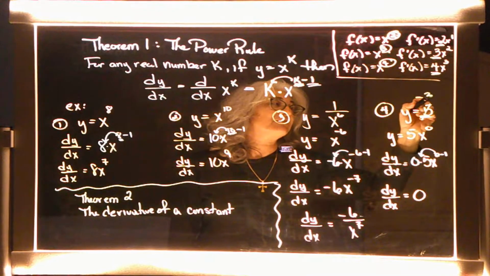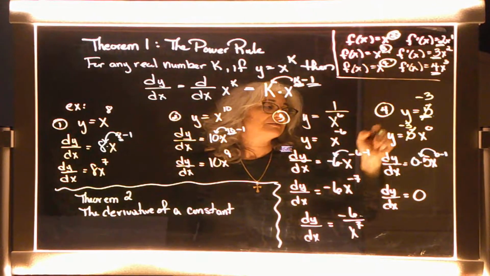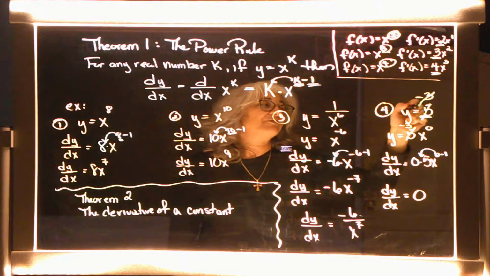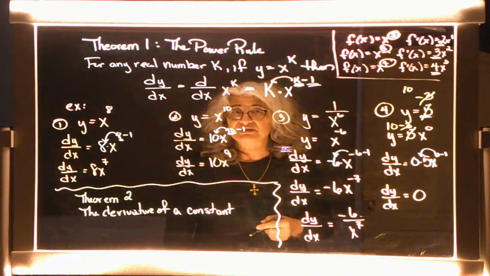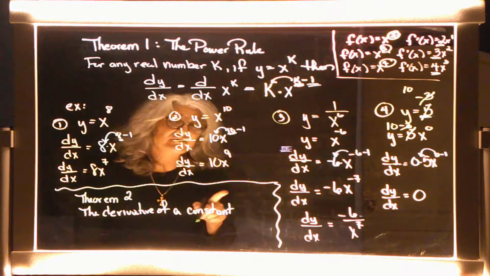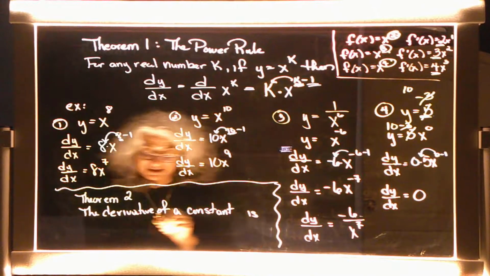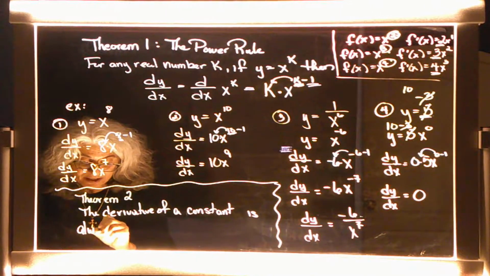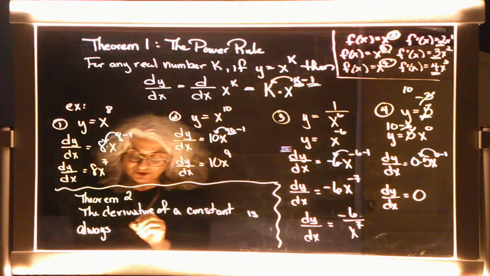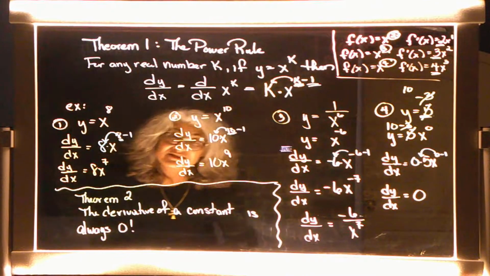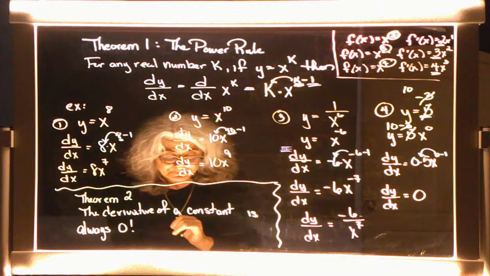If this was negative 3, I would still get a 0, wouldn't I? Because, bring the 0 down, right? If this was a 10, same thing, I'd still get a 0, wouldn't I? So the derivative of a constant is always, what do you think? Always 0. That's theorem number 2. The derivative of a constant is always 0.